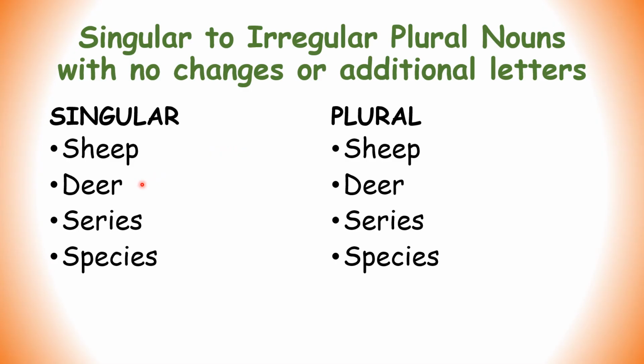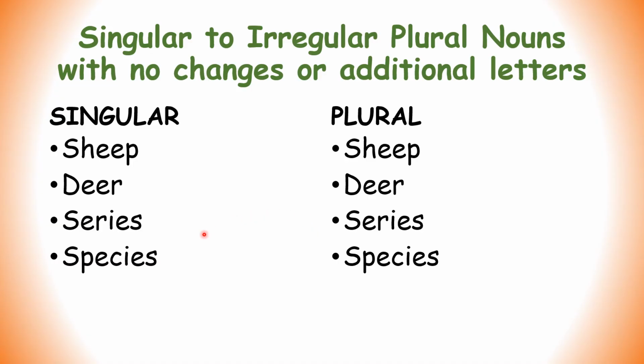Okay? Next is the word deer. Even if it is only one or we have many deer, the word still remains as deer, no changes. Next is the word series. Singular series, plural is as well series, no changes.